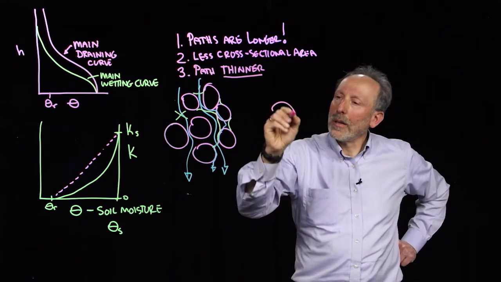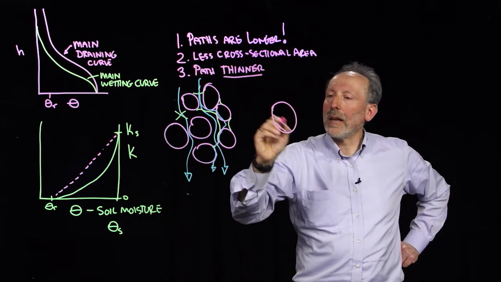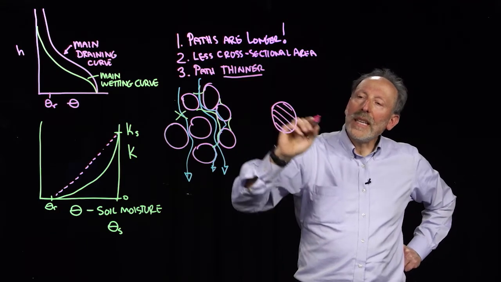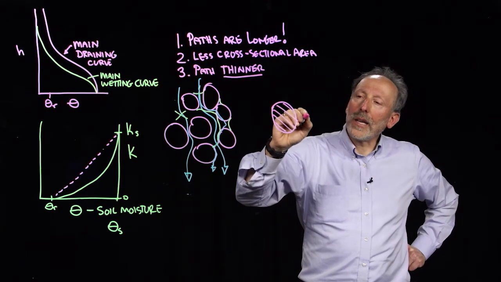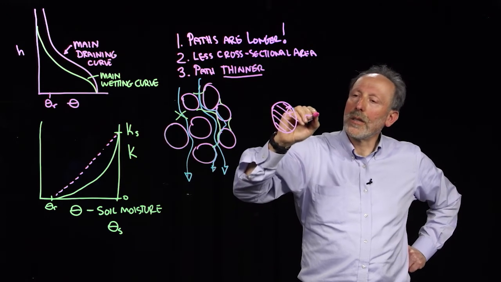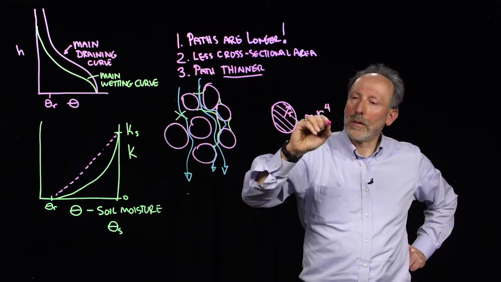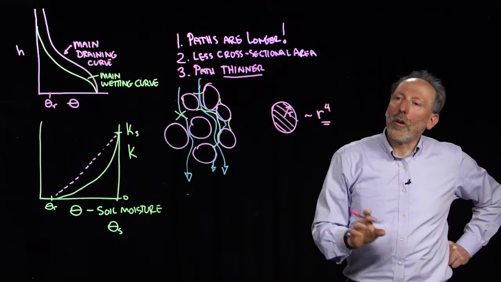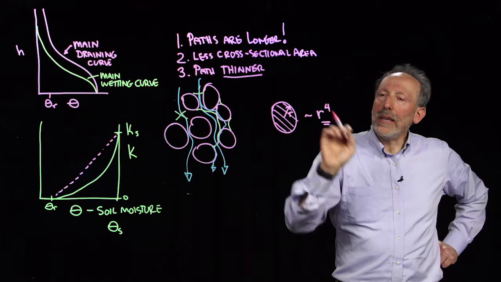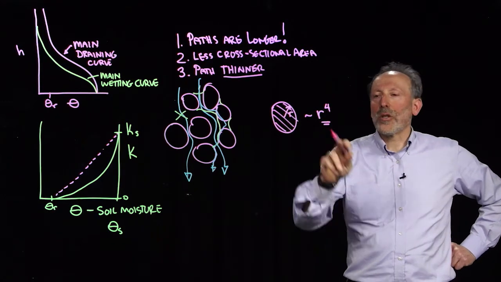It turns out that if this is a pore through which water is flowing, the ease with which water goes through that is proportional to its radius to the 4th power. So as we go to smaller and smaller pores, the resistance to flow of water goes up with the 4th power.